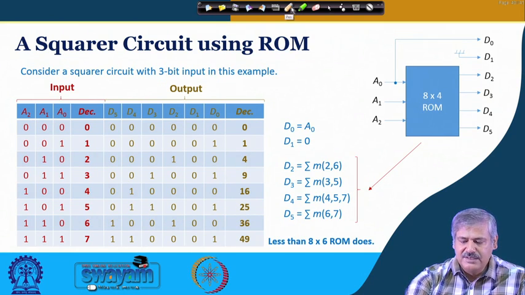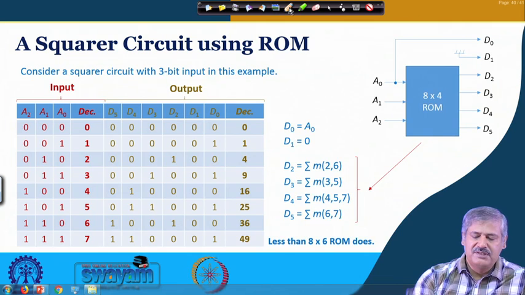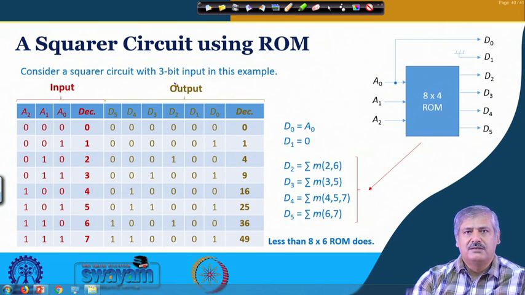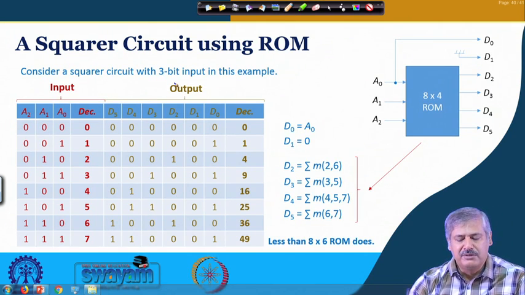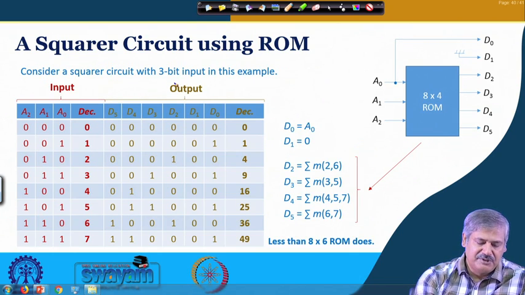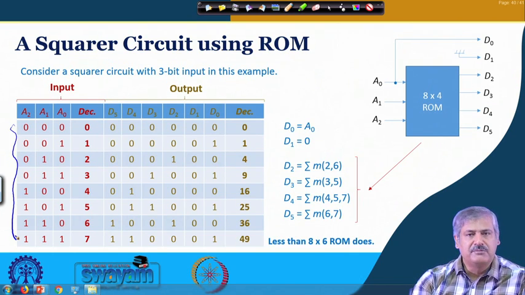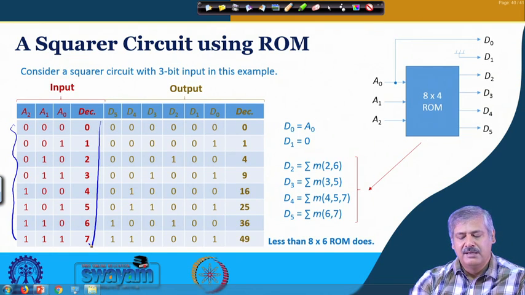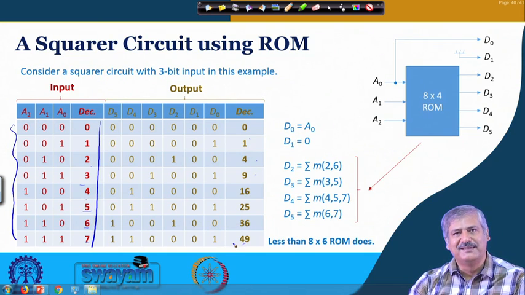So, in this example, this is a 3-bit squarer input for which squaring is to be done. These are the different possible values 0 to 7, the decimal equivalents, and the corresponding outputs are 0, 1 is 1, 2 is 4, 3 is 9, 4 is 16, 5 is 25, 6 is 36 and 7 is 49, and you can write them in binary.